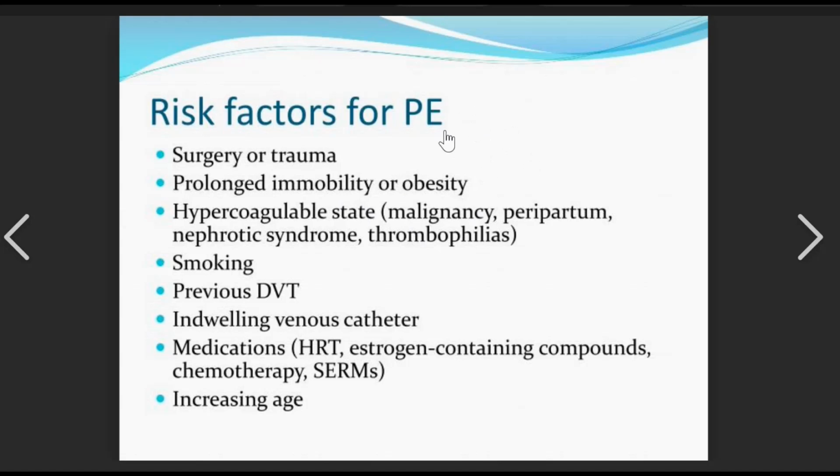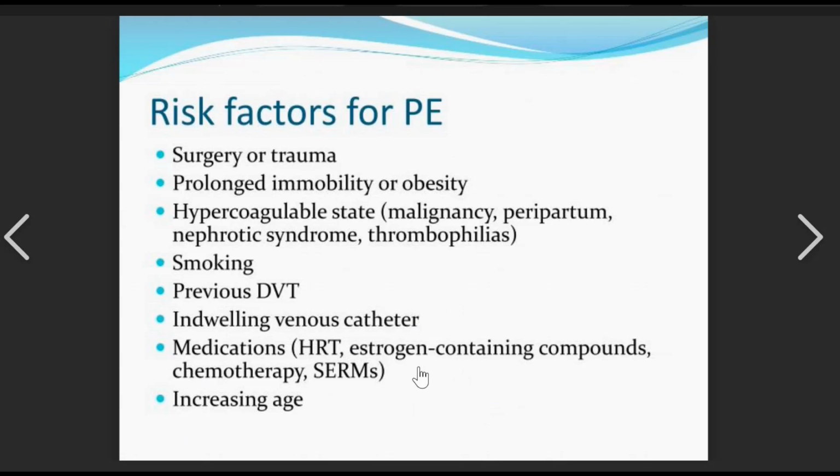Obesity can lead to pulmonary emboli. Hypercoagulability, that is any blood disorder that leads to clotting disorders, or cancer, or in a malignancy patient, increases the risk of PE. Smoking, previous history of DVT, presence of IV catheter can increase the risk.